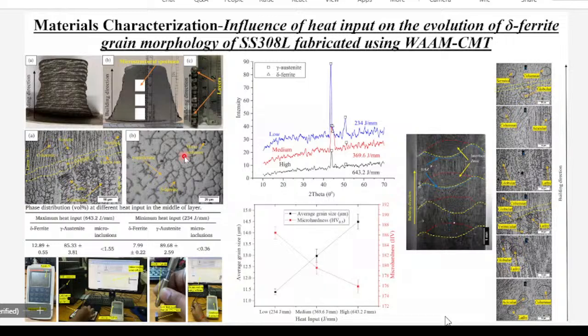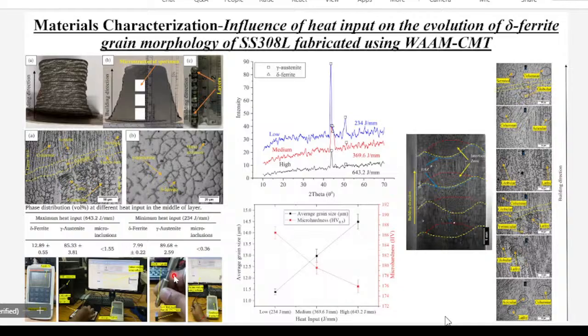We can quantify these values with the microstructure images. Also, we can use a ferritoscope to quantify the ferrite percentage, how much ferrite is there in the material. This image refers to the ferritoscope. Its basic principle is magnetic induction.